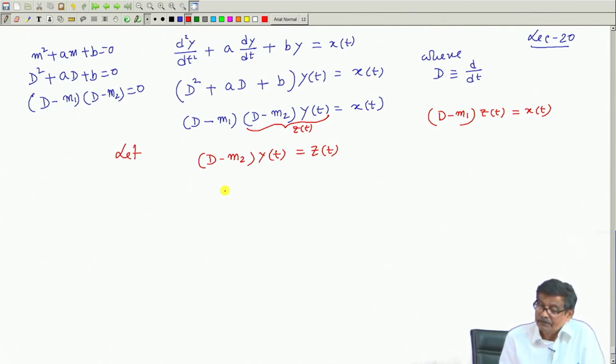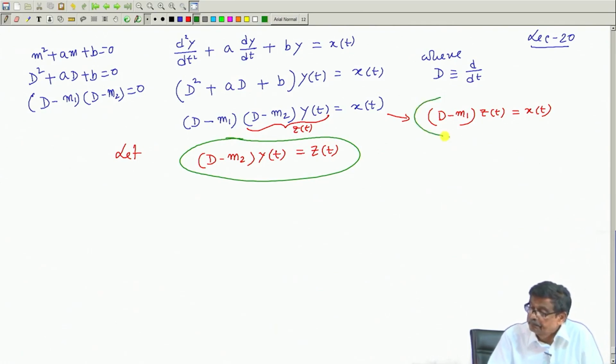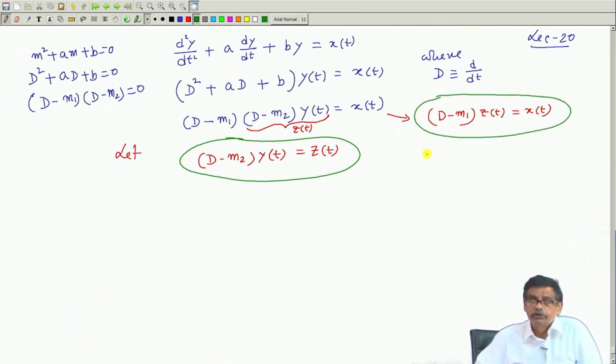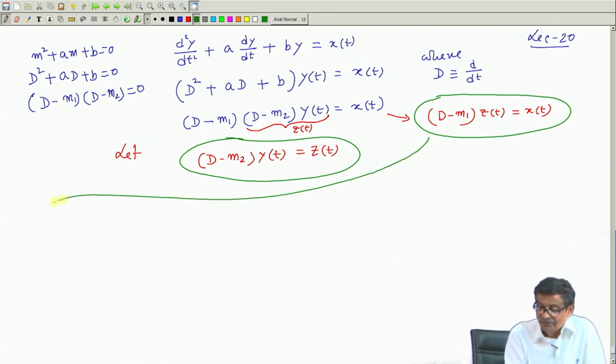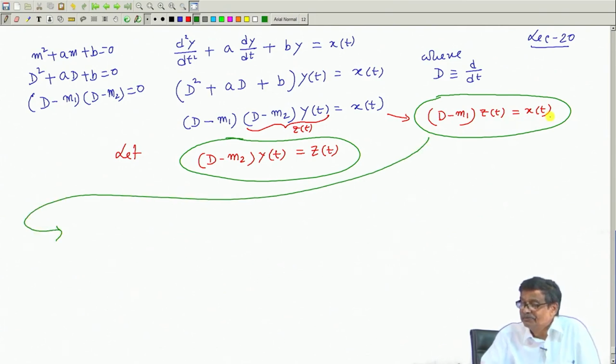Got the point? So, this second order differential equation has now been broken up into two first order equations. One is this and the other is this, these two terms. This is very interesting. z(t) I do not know yet, but anyway, it is a first order differential equation, only in place of y it is z(t).